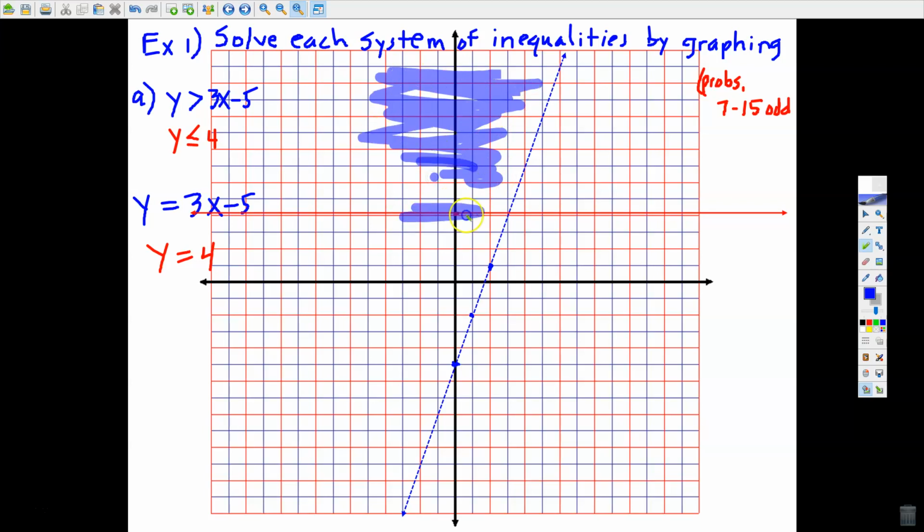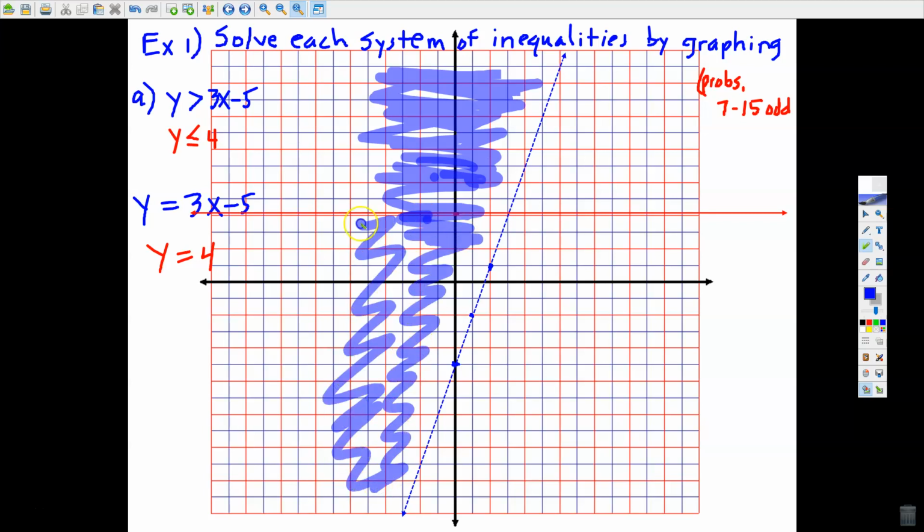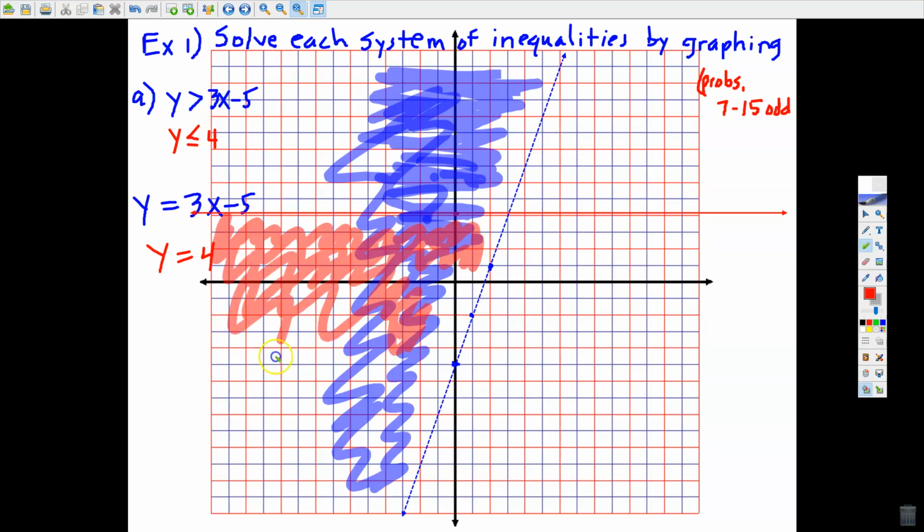All right, if I'm doing the blue only, I'm shading everything above the blue line. And then, if I'm doing the red only, I'm shading everything below. Less than means below the line. So my overall answer is where the blue and the red meet.